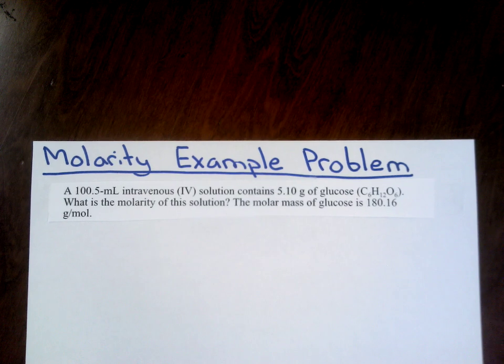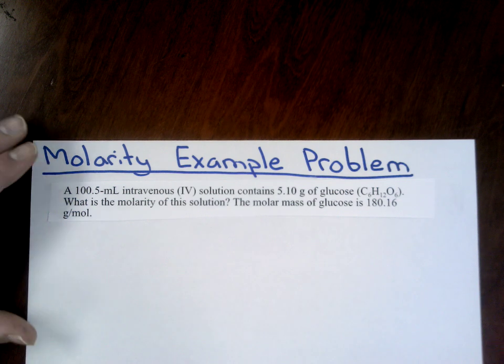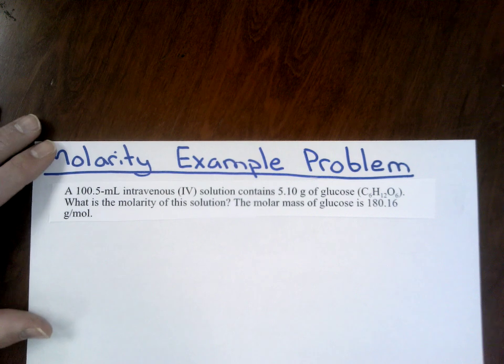Okay, so here it says a 100.5 milliliter IV solution contains 5.10 grams of glucose. What is the molarity of this solution given that the molar mass of glucose is 180.16 grams per mole? So again, the first thing that we need to do is write down our formula. So again, we're dealing with molarity.